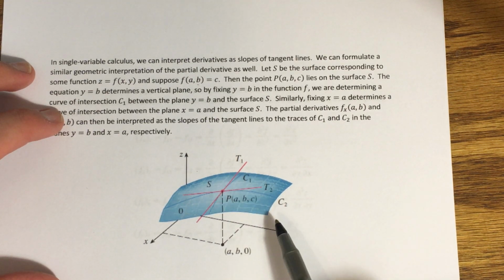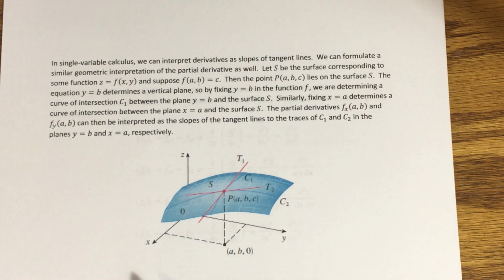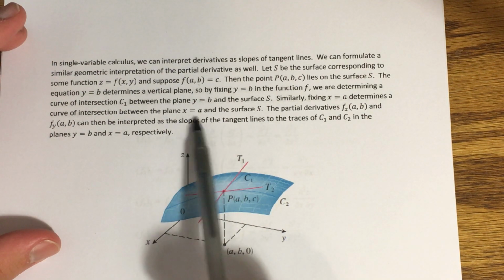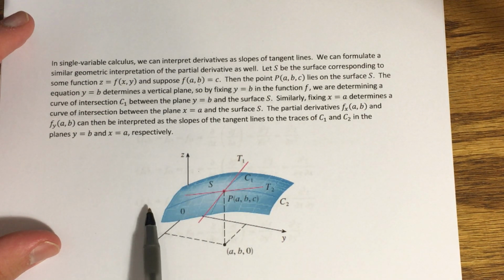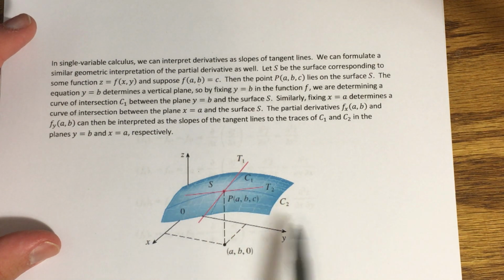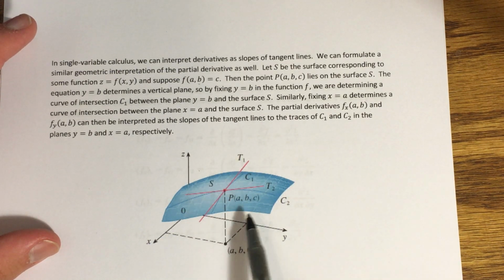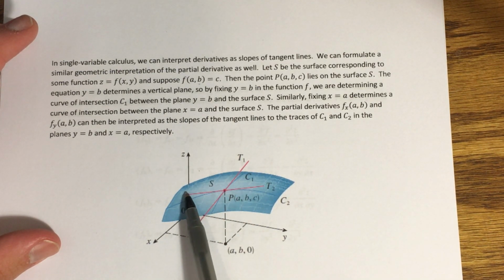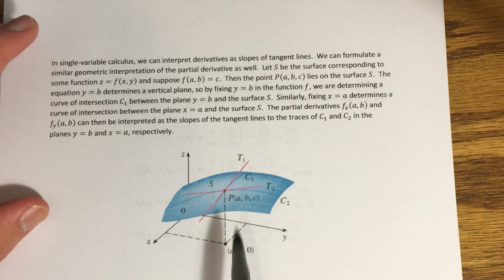Similarly, if we hold x constant, like we want to take a partial derivative with respect to y, if we hold x constant, specifically set x equal to a, then x equals a is another vertical plane that cuts this direction. It's going to slice through our surface, creating another curve, which we call C2. The partial derivative of our function f at the point (a, b) is going to give us the slope of this tangent line here, T2, this tangent line to the trace C2 in our surface at that point (a, b, c).